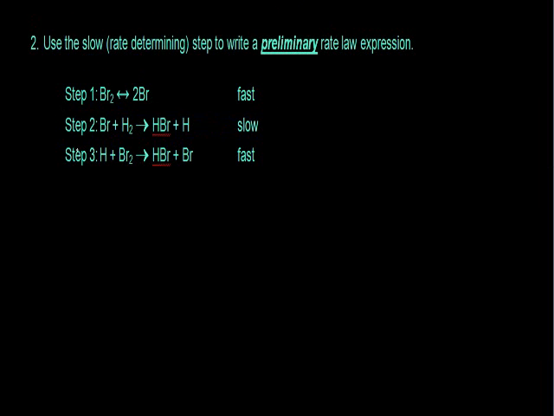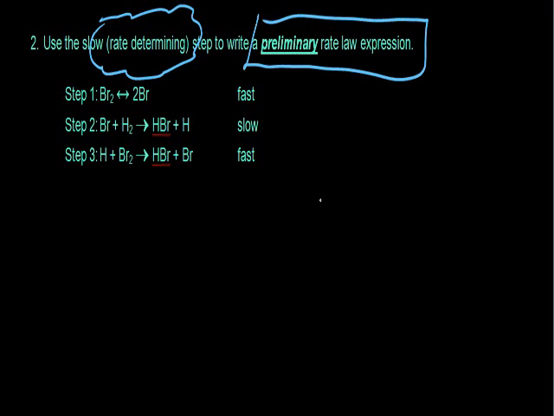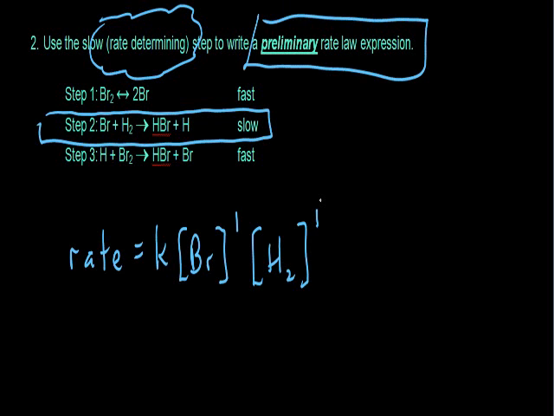Step number 2, we use the slow step, which is known as the rate determining step, in that whichever step goes slowest has the greatest impact on the overall rate of reaction, to write what's called a preliminary rate law expression. In writing a preliminary rate law expression, what we're doing is saying rate is equal to k, and we take our reactants that we have here, the Br and the H2, they become our chemicals in the expression.